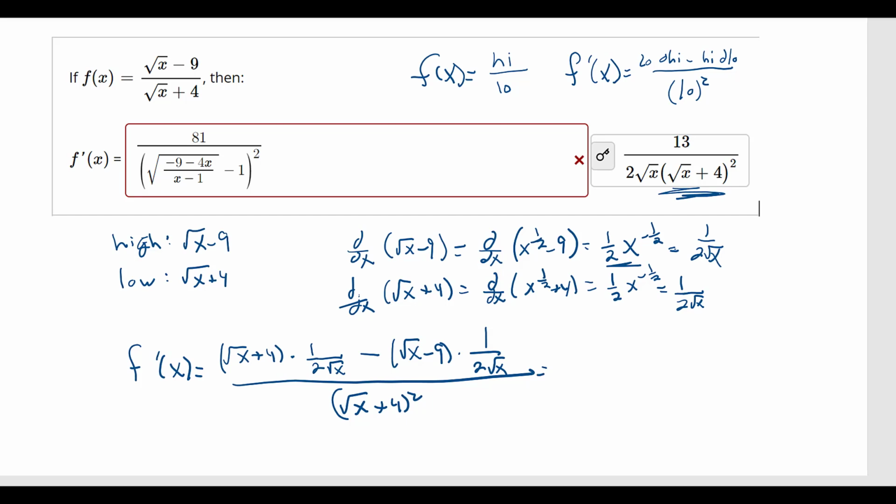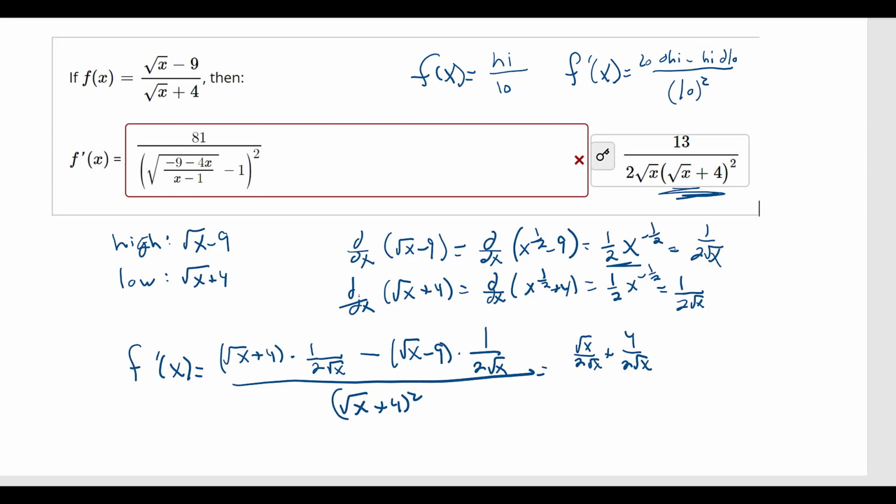Okay, so in the numerator, I'm going to distribute this 1 over 2 square root of x through each of these binomial terms. We have the square root of x over 2 times the square root of x. Then we have plus 4 over 2 times the square root of x.